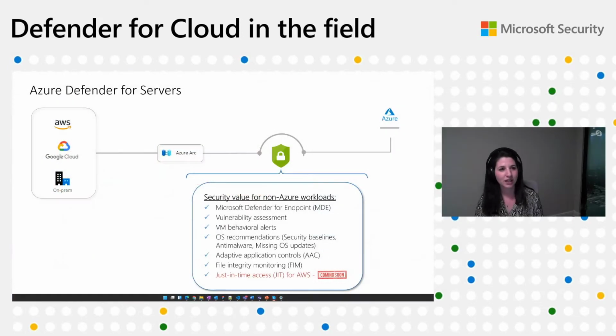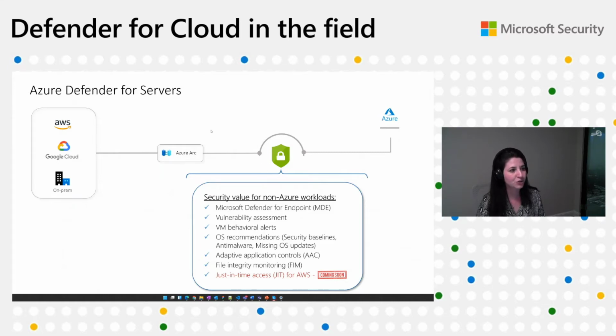Okay, before I drill down into the demo, I just wanted to give a framing of what security content is going to be available for multi-cloud. This slide captures the main content items and shows that this list, the integration with Microsoft Defender for Endpoint, vulnerability assessment, and all the rest, is already available on top of Arc today for any AWS, GCP, on-prem machine, or any other cloud that decides to connect to Azure Arc.